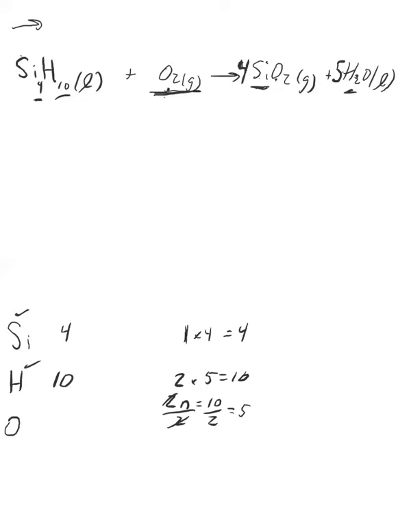Okay, so let's go through. On the left side, we have 2, just like we did in the previous problem. And then on the right side, 4 times 2, and then over here, 5 times 1. So that's 8 plus 5 is 13. So just like the previous one with the n-octane, we have an issue where it's probably going to be a fraction, right?